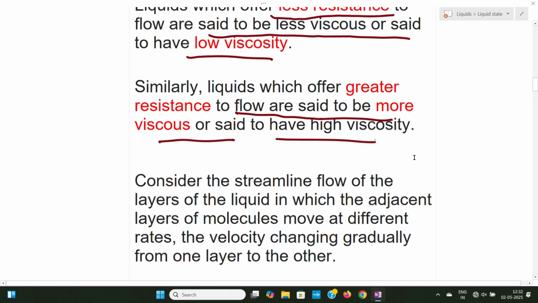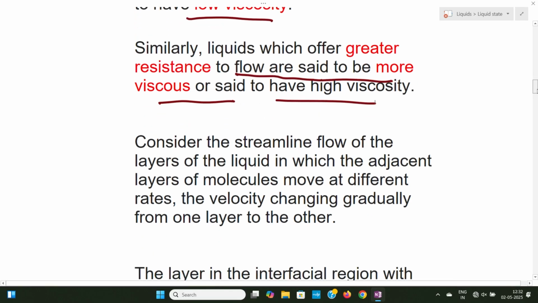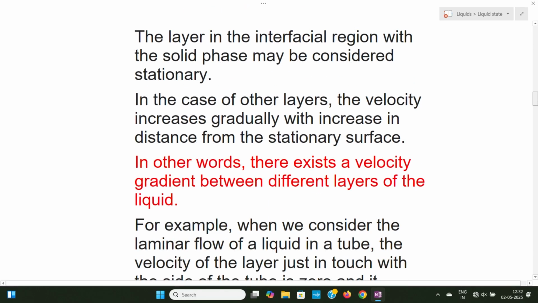Low viscosity liquids have less resistance. That means the intermolecular forces will be less, and the high viscosity liquids have stronger intermolecular forces, and that means the internal friction also will be more. Let us consider the streamline flow of the layers.